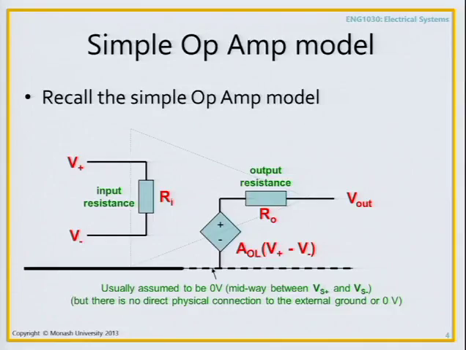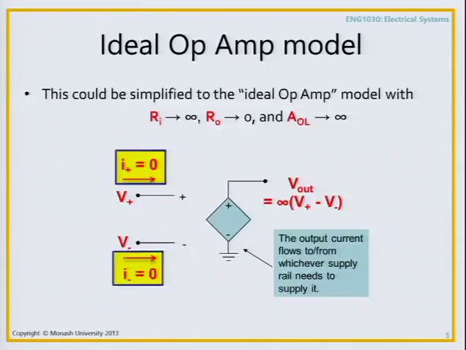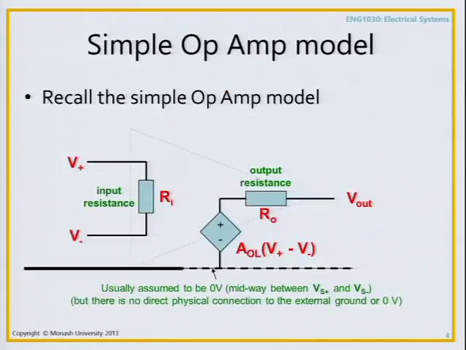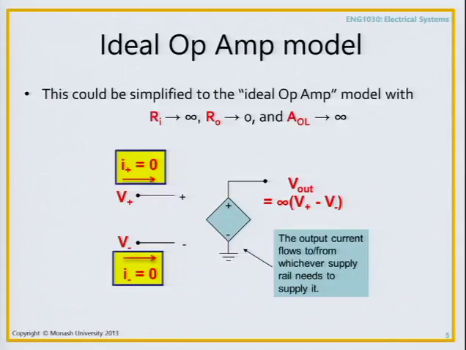So we deal with the ideal op-amps, and now I'm just going to go back and look at the simple op-amps and what that means. So the key parameters here. The key things here are that we simplified this by making these three parameters ideal values: infinity on the input, zero on the output, and infinite open loop gain. And that made this our ideal model.